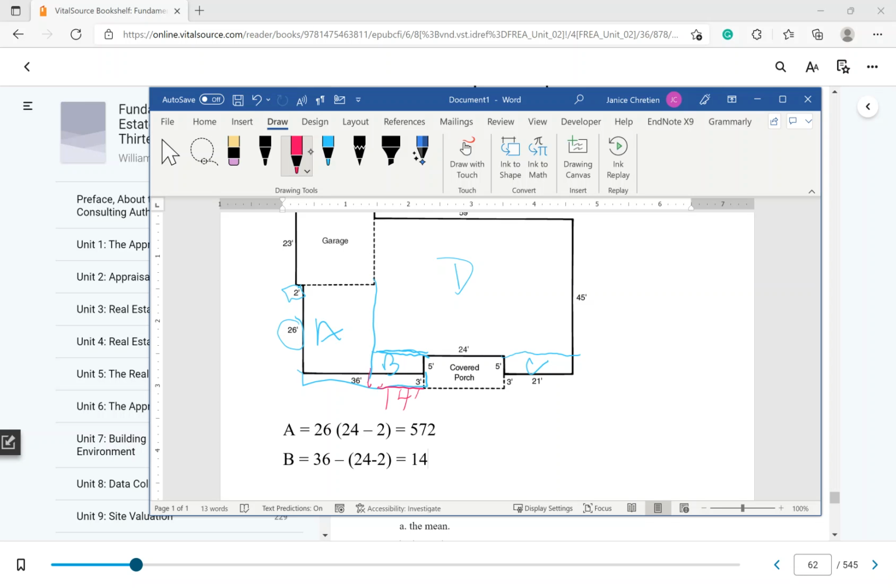And then I know that this area here is 5 feet. So really I've got 14 times 5 equals, I'm going to line these up so that when we add all of them in a minute, it'll make sense. Okay, so 14 times 5 is 70.